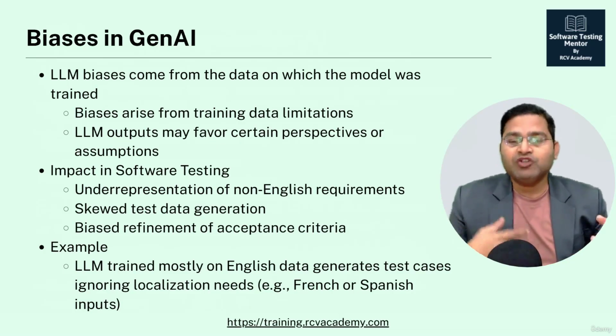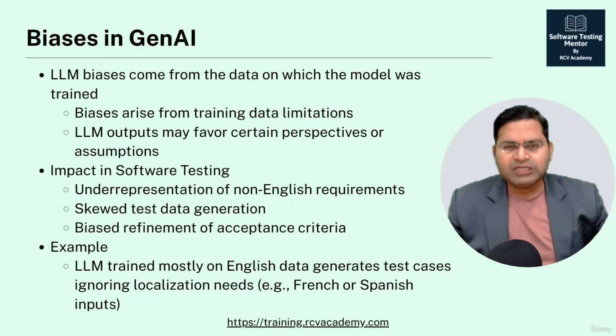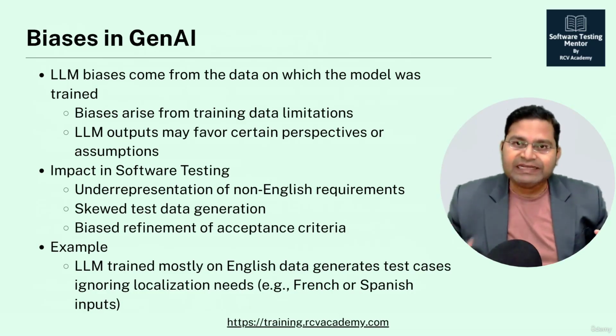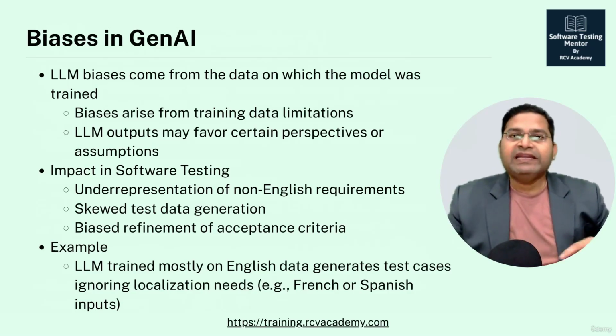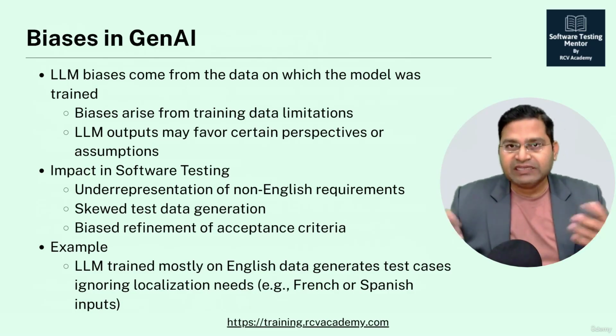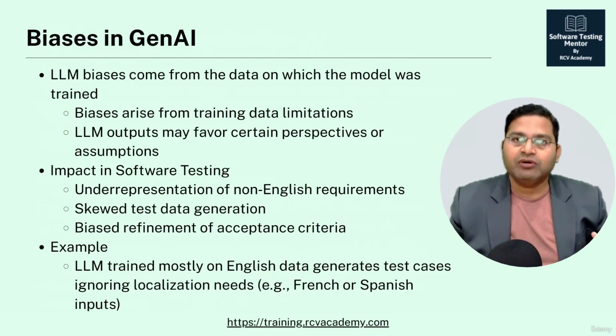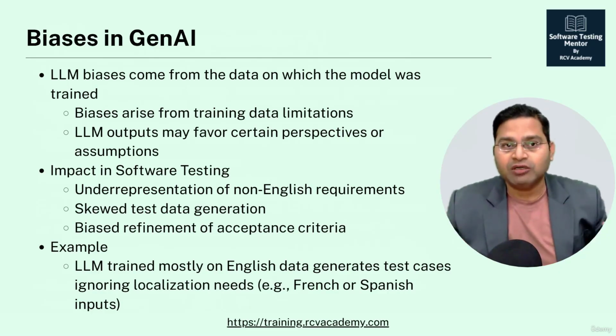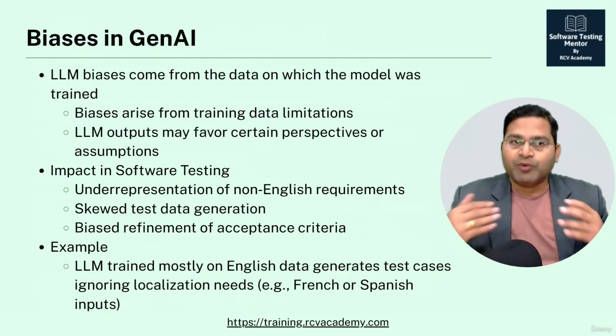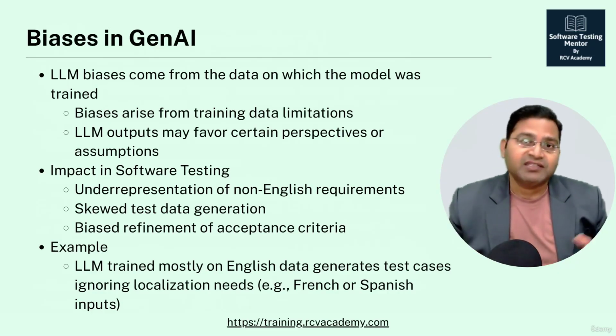For example, if your model is trained on mostly English names, then generating an Indian name or any other nationality name for the test data and addresses might not be possible with that model. So the data has to be proper in order to avoid biases in generative AI.